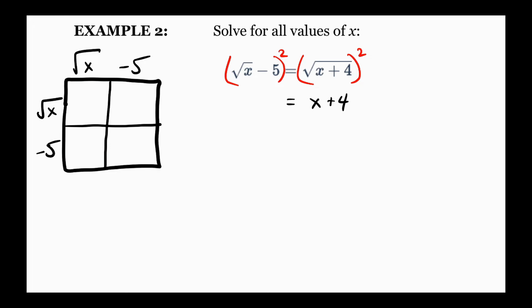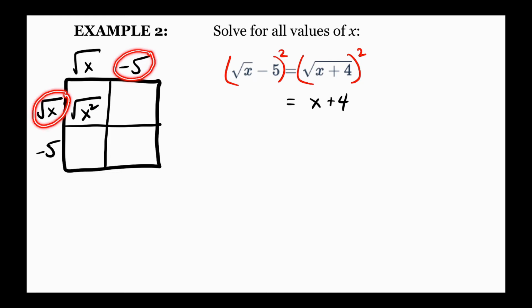Okay. So the first one is the square root of x times the square root of x. Well, they both have square roots, so I can multiply them. And when I multiply them, I get x to the second power. The next one, -5 doesn't have a square root, square root of x.